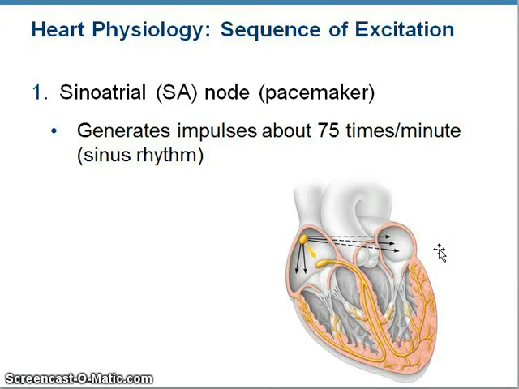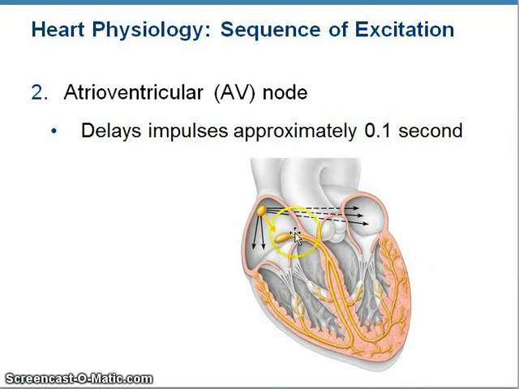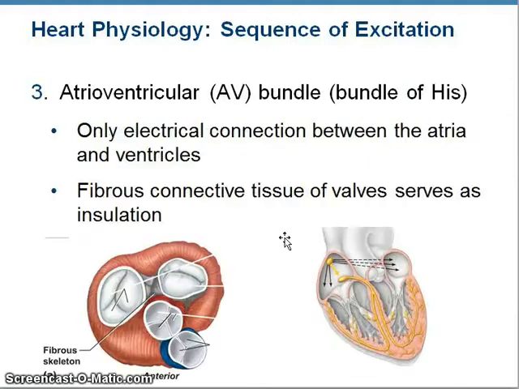from cell to cell. They will next hit the atrioventricular node, located in between the atria and the ventricles. It is here that the depolarization will pause for approximately 1/10 of a second before it goes on to enter the atrioventricular bundle, AV bundle, or bundle of His.